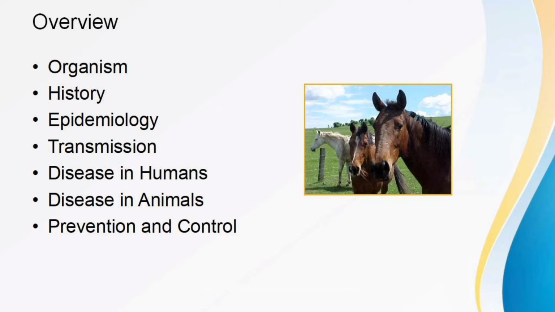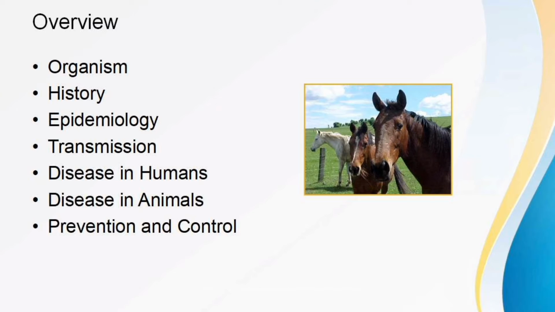In today's lecture, we'll cover the information regarding the organism that causes equine viral arteritis and its epidemiology. We'll also talk about the history of the disease, how it is transmitted, species it affects, and clinical and necropsy signs observed. Finally, we'll address the prevention and control measures as well as the action to take if equine viral arteritis is suspected.